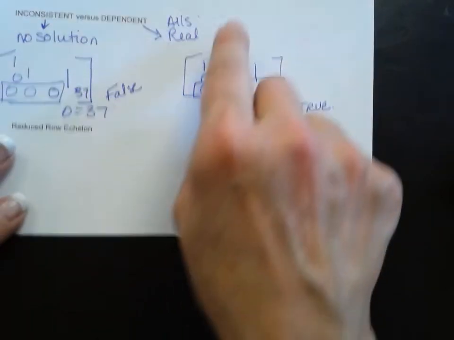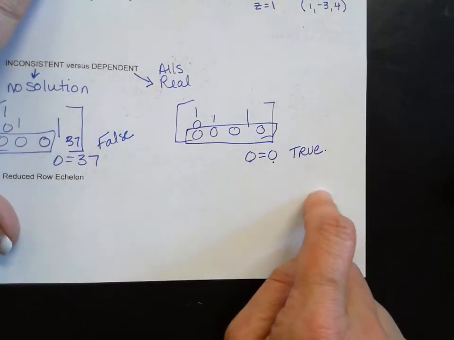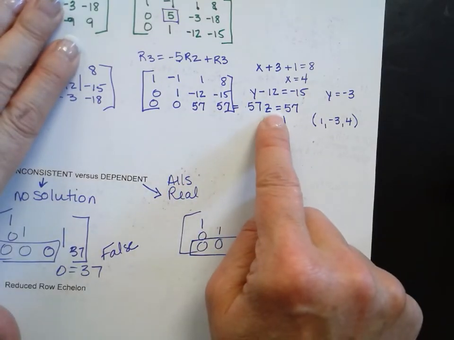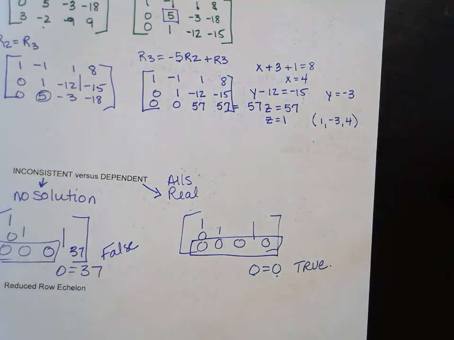Okay? If you get something like 57 and 57, don't confuse that to, oh, they're equal, that means it's all reals, because when you put your variables back into it, you can solve to get 1. Good.